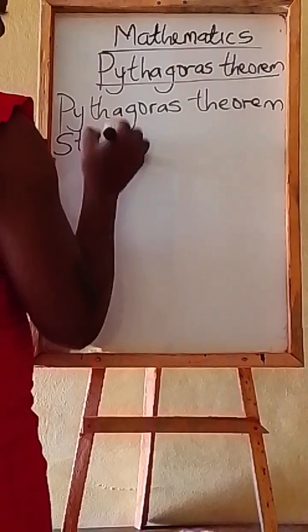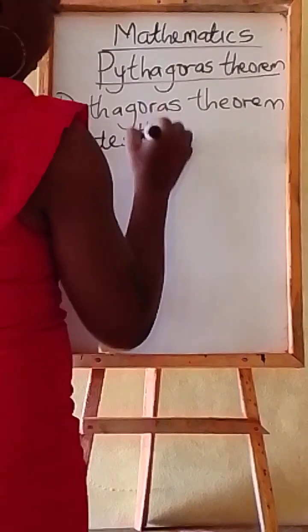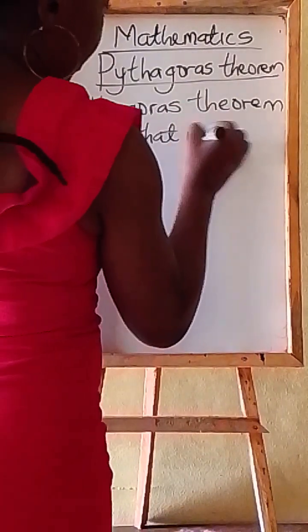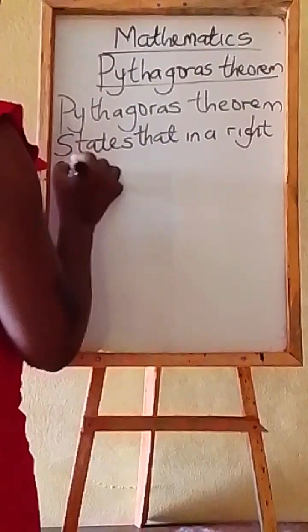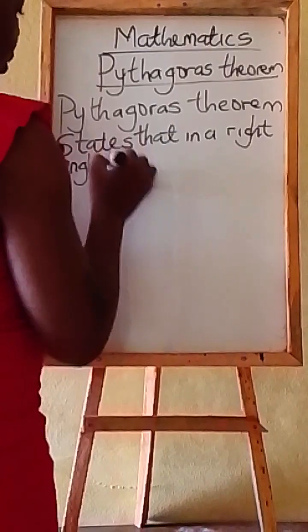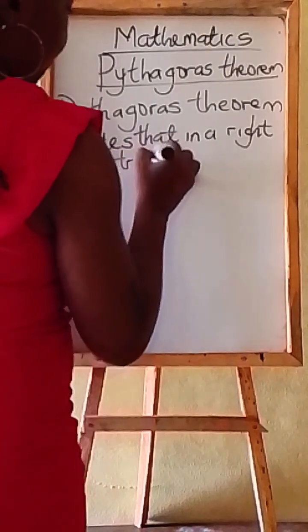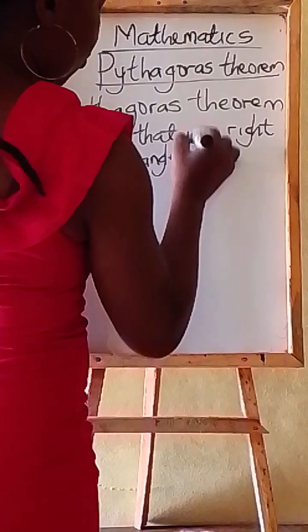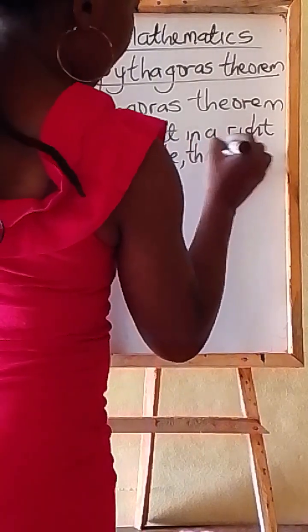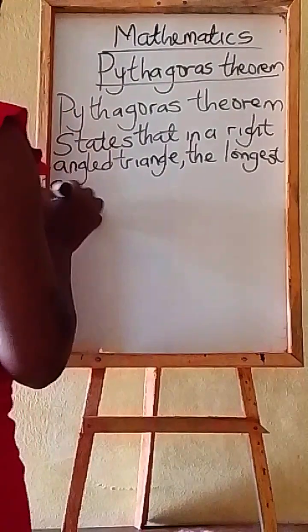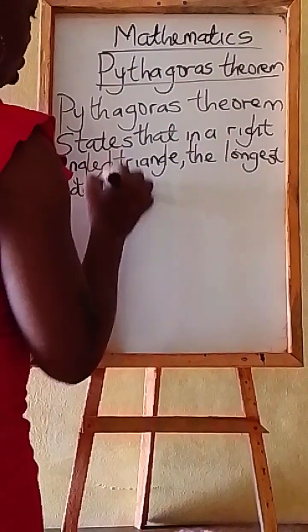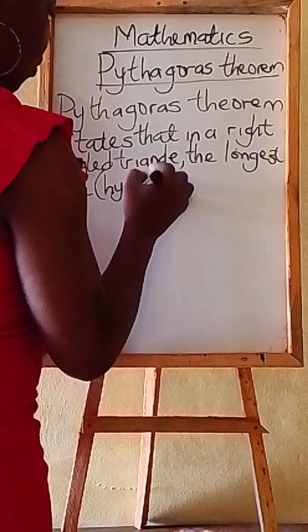Pythagoras theorem states that in a right angled triangle, the longest side is what we call the hypotenuse.